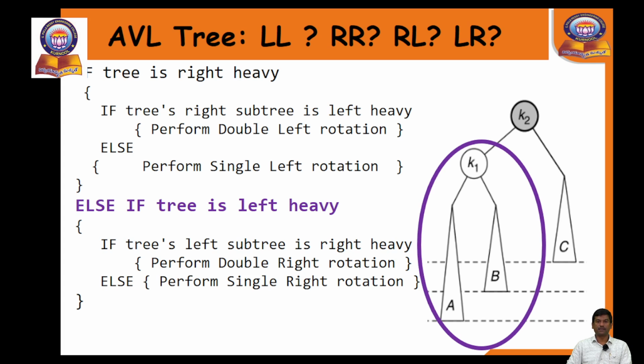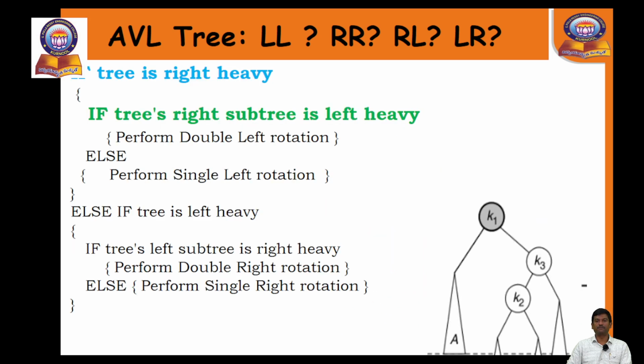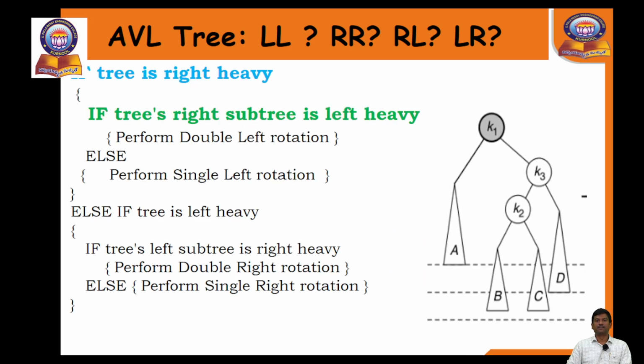In which scenario the tree's right subtree is left heavy, or in which scenario the tree's left subtree is right heavy, will be discussed with this slide. Here, when you look at this tree, you can say right is heavy. So if the tree is right heavy is checked, this condition is true. If it is true, furthermore check whether it is left heavy.